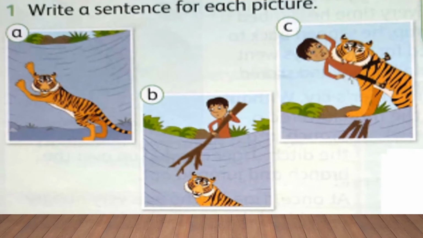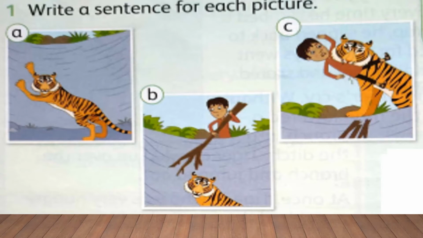Now, turn to page 66 to do some exercises based on part 1 of the story. Exercise number 1. Write a sentence for each picture. You have 3 pictures. You're going to write at least 1 sentence for each one. In picture A, you can see the tiger alone in the ditch.